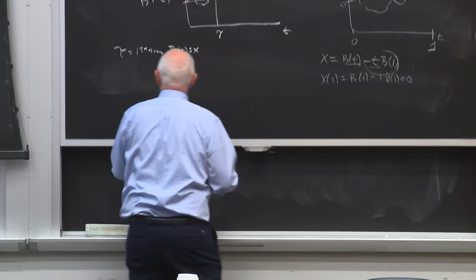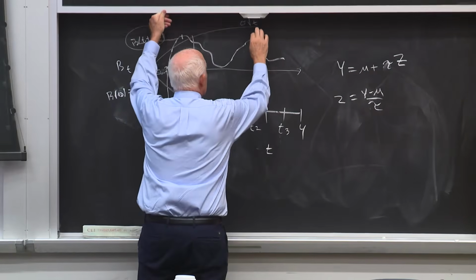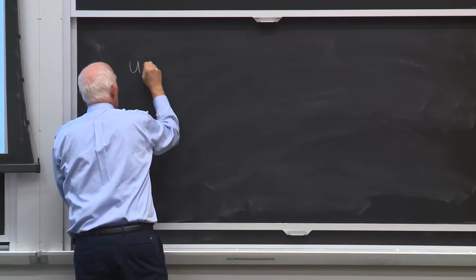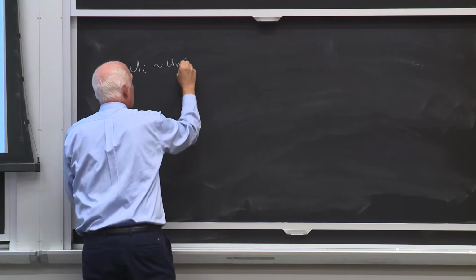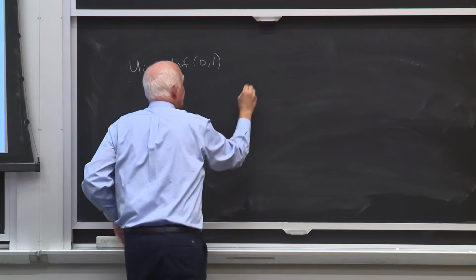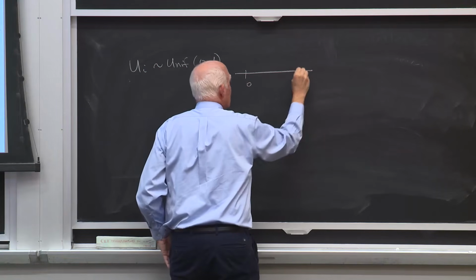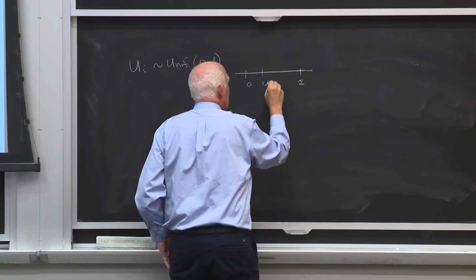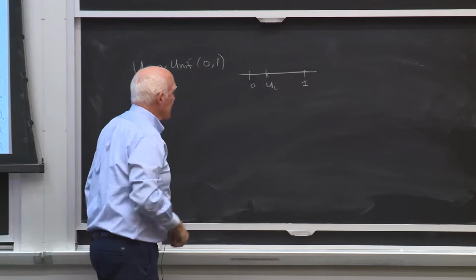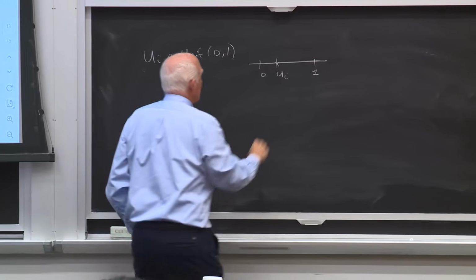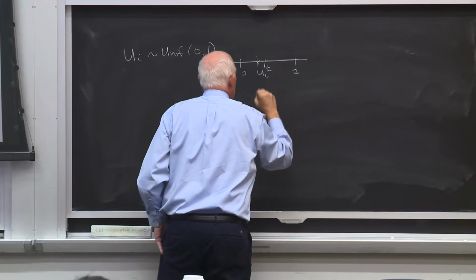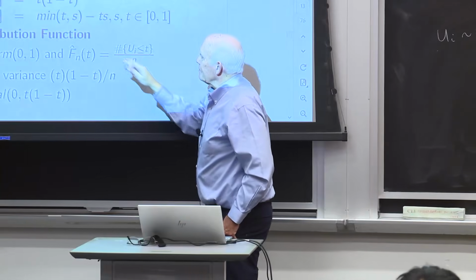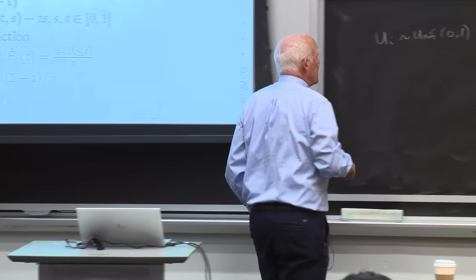So if we think of these u's, where ui is distributed uniform from 0 to 1, and we consider a value ui as a realization, then the probability that ui is less than or equal to t is equal to t.